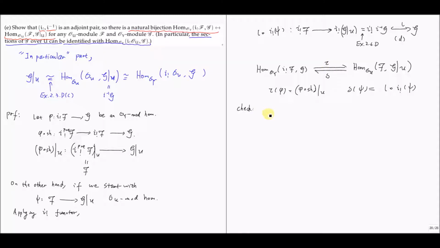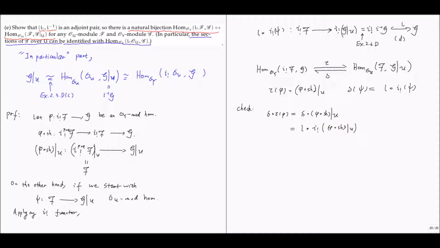By definition, delta composed with tau of phi is equal to delta composed with phi composed with sheafification with the restriction to U. And by definition of delta, this is equal to iota composed with I shriek of this guy.